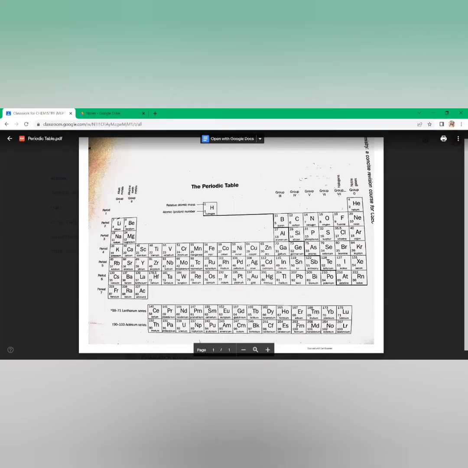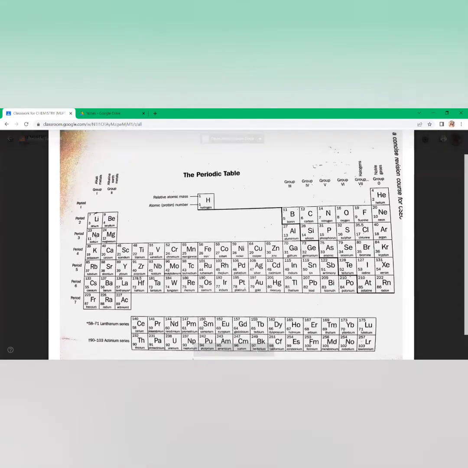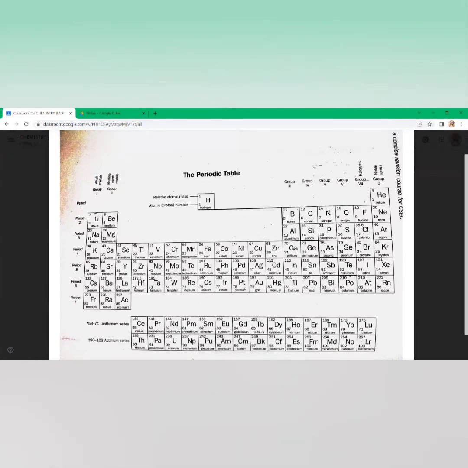According to the rules that we were looking at just now, we need to be able to write the symbols first. So we don't know the symbols. We go on to the periodic table and we look for our elements. So we're looking at sodium and chlorine. I believe everybody should be able to see my screen. Sodium symbol is Na. Chlorine symbol is Cl.